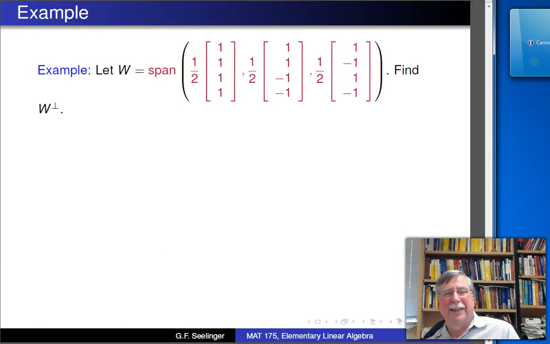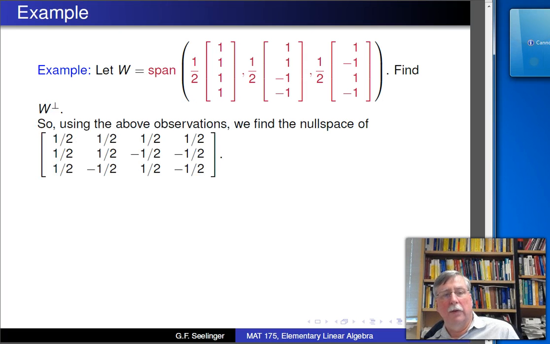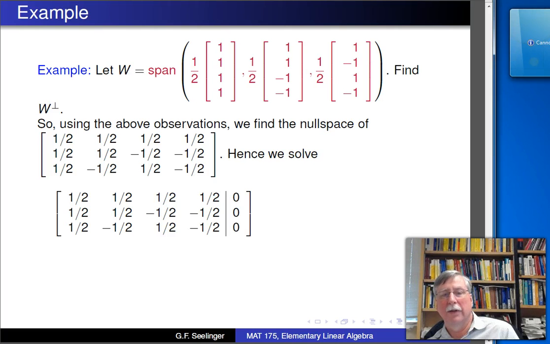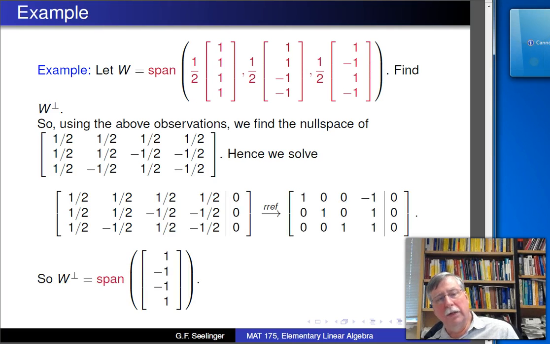So again, here let W be the span of these three vectors. I like to use these three vectors. It's an orthonormal basis, so denominators are not so bad. And so what we can do is put those three vectors in as rows of a matrix and find the null space. Once we do that, we see W perp is going to be the span of (1, -1, -1, 1).